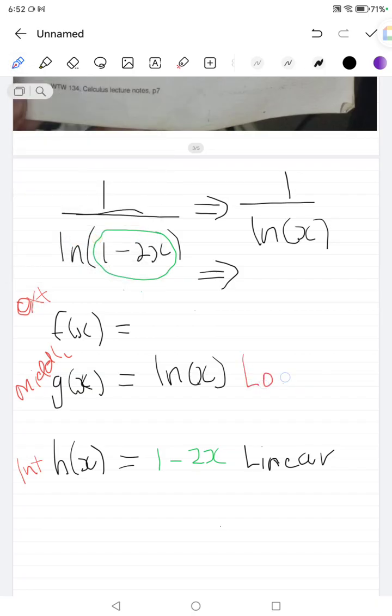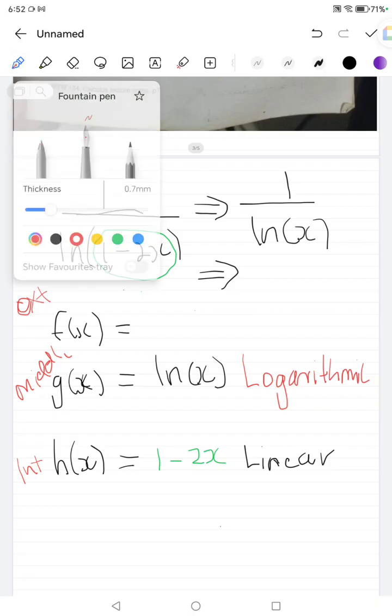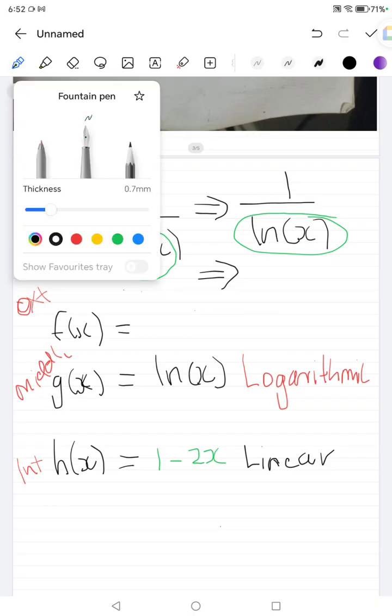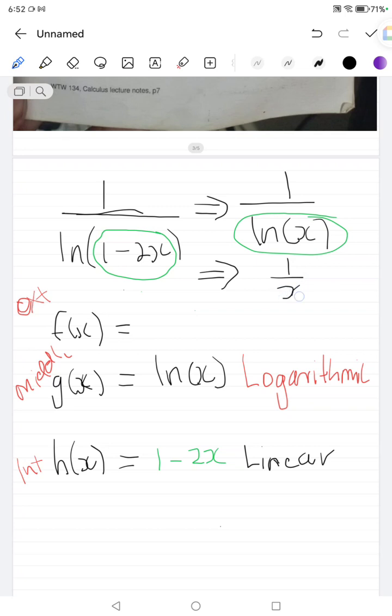This is your logarithmic. So logarithmic. So now I've only pulled my two functions. Now I've pulled this one, and remember, after pulling that one, you replace it with x. So it now means I'm going to be left with my 1 over x. Then here you just come and write your 1 over x.